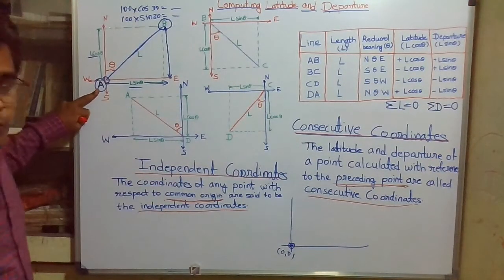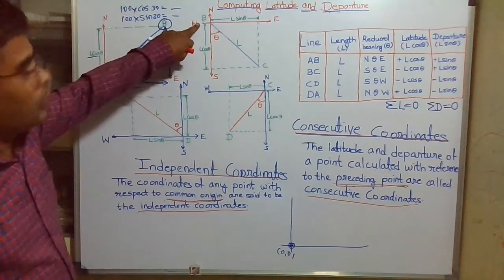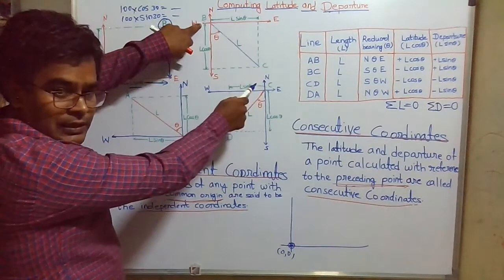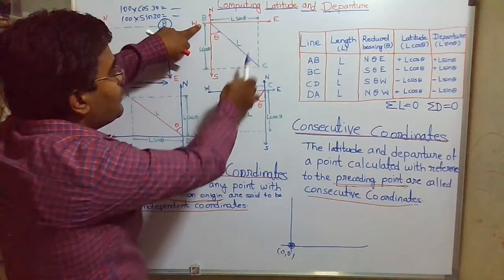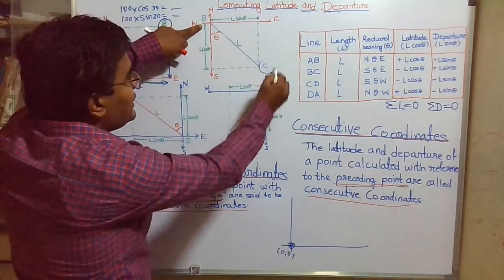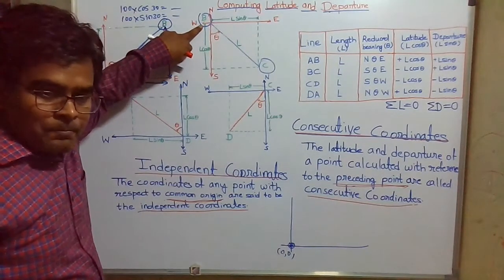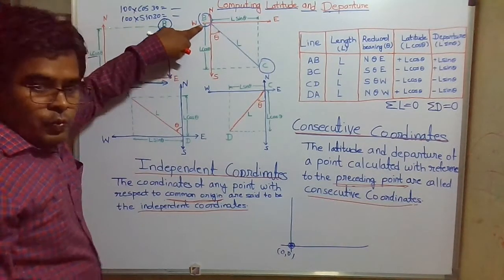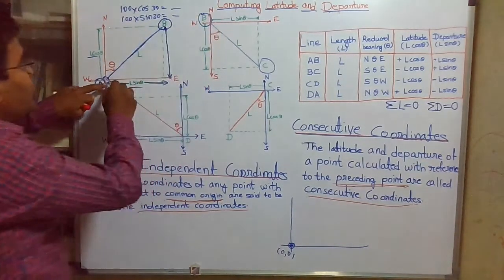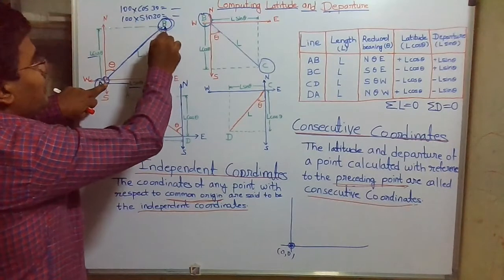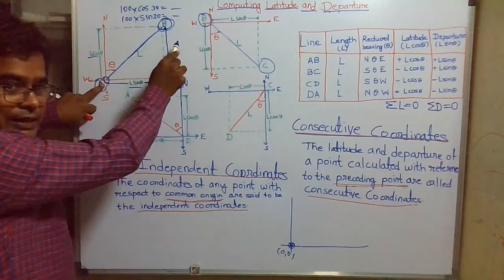Then next, what are we doing in the next calculation? This is line BC. Again here we are calculating latitude and departure, that is, the position of point C with reference to point B. Here, first we have found the position of point B with reference to point A, that is latitude and departure.